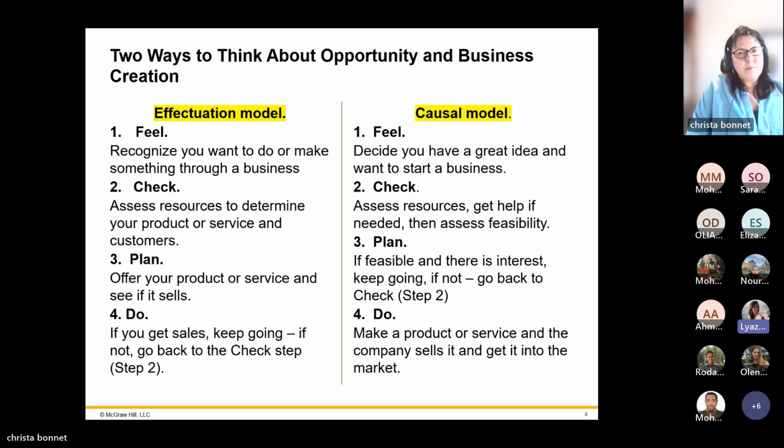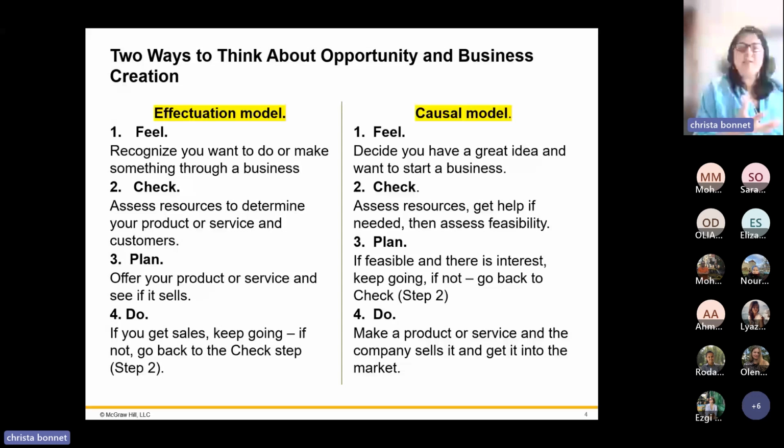But actually, I decide that my clients have a great idea, I start with this, and I want them to start a business, but then I can recognize that they have to implement some additional tools or some additional elements in order to be more successful. Okay, beautiful. So you can have it on both sides.